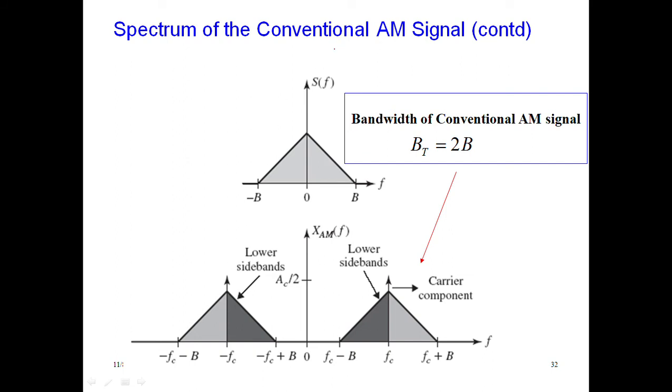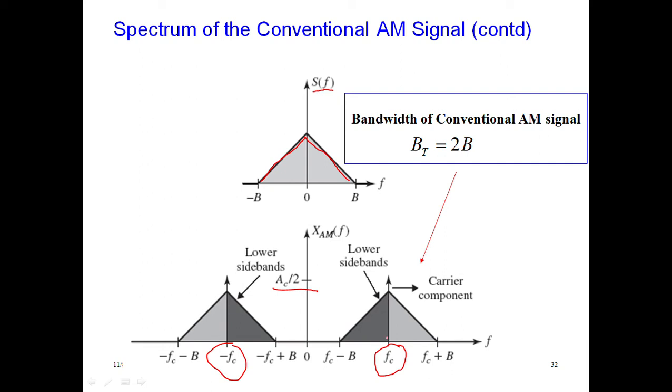For example, we have the message signal in the form of this triangle. Bear in mind, the signal is a triangle. When we convert it into conventional AM, the amplitude will become AC divided by 2, and this signal will be shifted to FC and minus FC.